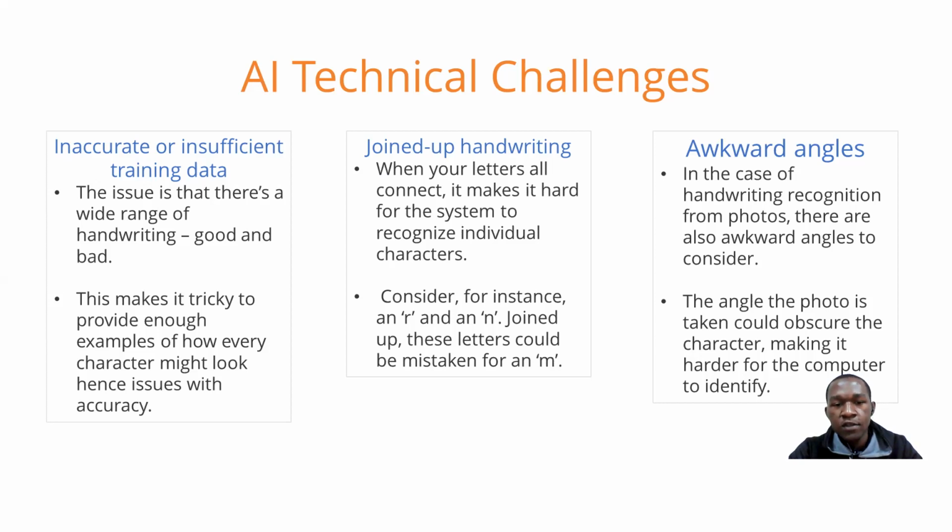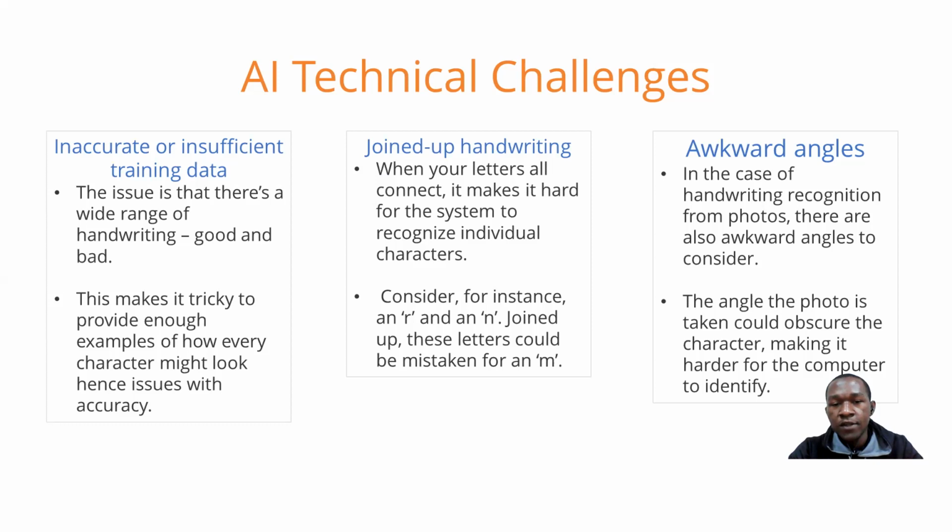The other technical challenge could be joined up handwriting. When your letters all connect, it makes it hard for the system to recognize individual characters. Considering an example, an R and N: if someone writes an R and N and then they combine the two, it would appear to be a letter M. This will cause confusion in the system, and then whatever you're writing may not make any sense.